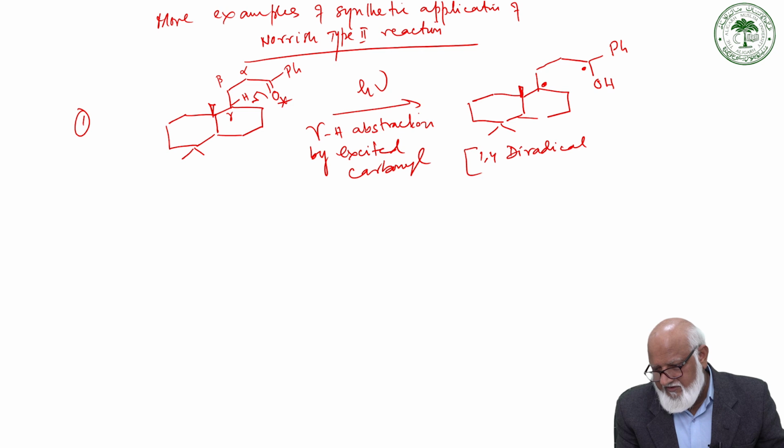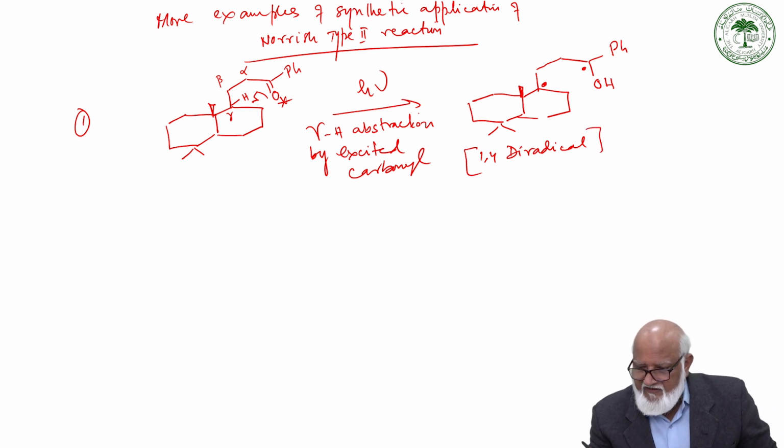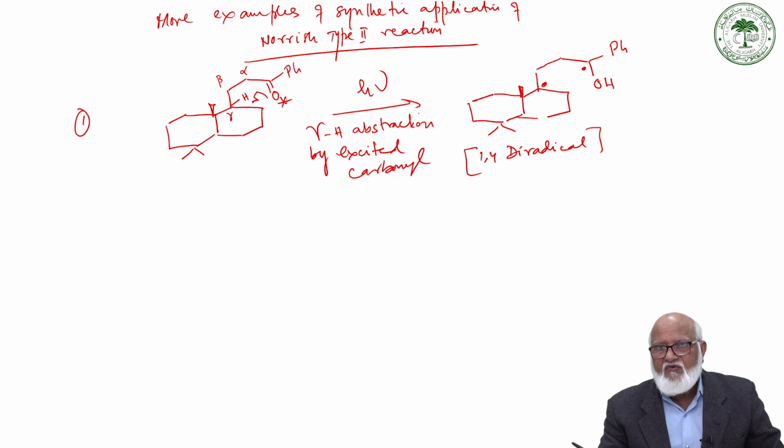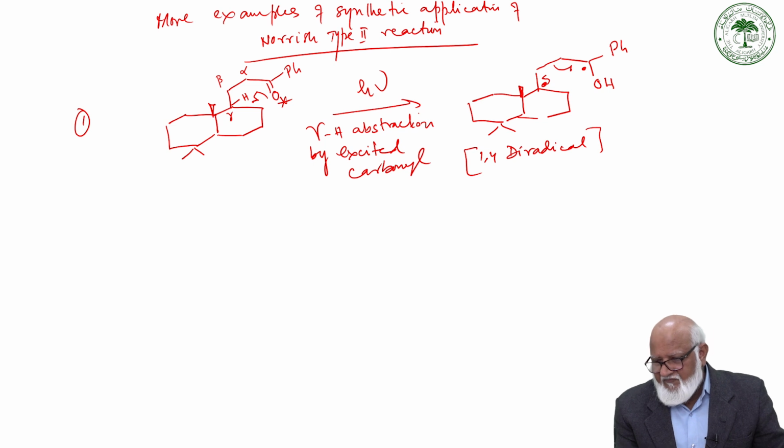Now there is a possibility of combination of these to give a 4-membered ring, which looks slightly unstable, and so it may cleave to give an exocyclic double bond to this steroidal system.